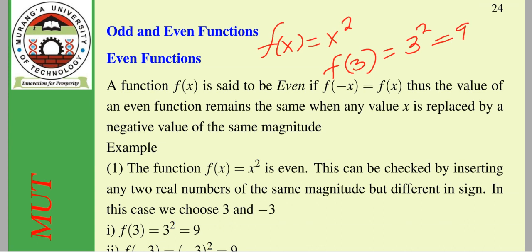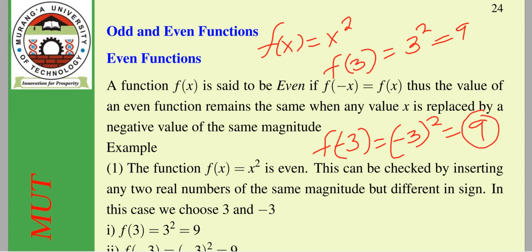If we replace 3 with negative 3, so we write f of negative 3, and we have minus 3 squared, and we know minus 3 squared is again equal to 9. So that we end up with the same value, 9, for both f of 3 and f of negative 3.